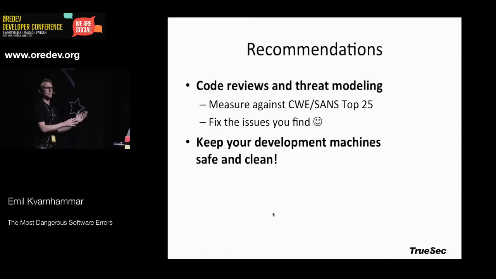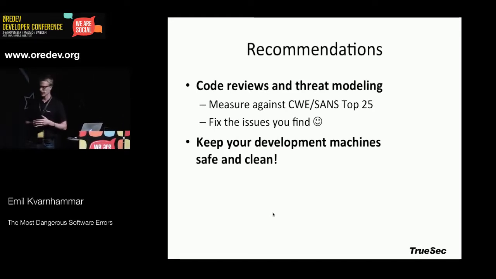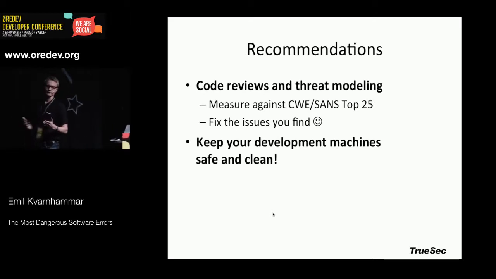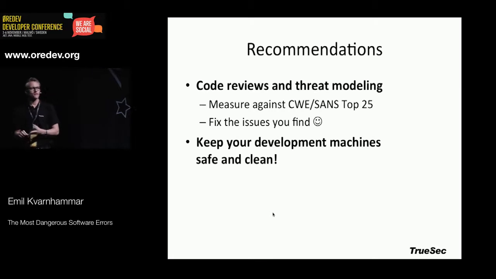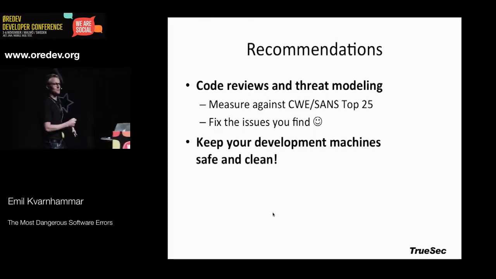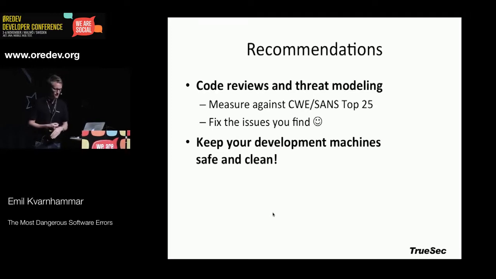If it's a simple web application, then OWASP top 10 might do. But start measuring. If you have 8 of them today, fix them. At least fix some of them so that you have 6 the next time you measure, or 4. And finally, it's becoming 0, hopefully.